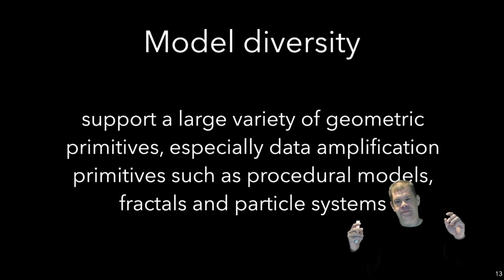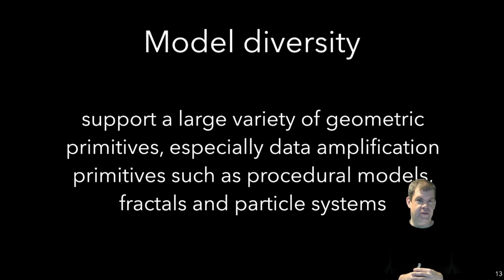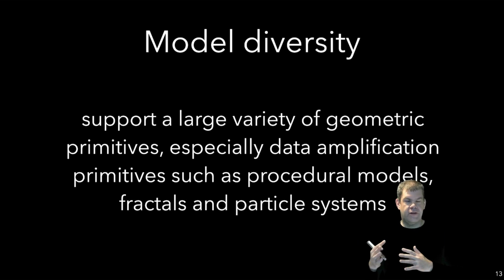Okay, so I talked about model diversity a little bit already. Model diversity was basically, we want to support pretty much anything that you throw at us. That's, of course, simple things such as triangles, quadrilaterals, so polygons, but also other objects, and in particular, so-called data amplification primitives.